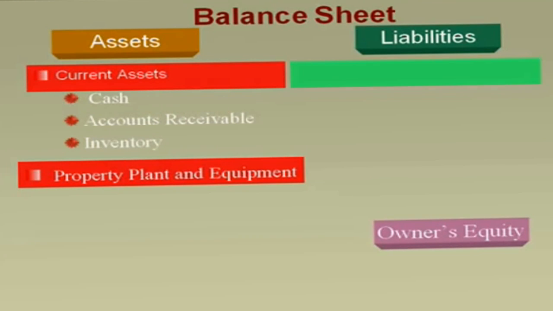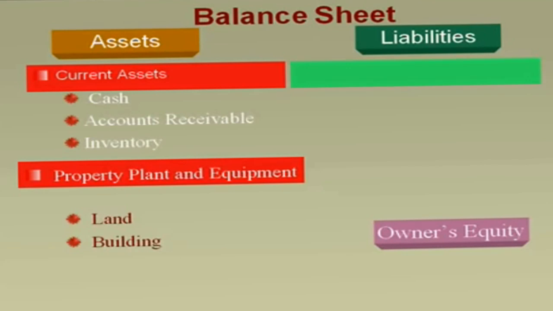Property, plant, and equipment are long-term assets. Can you give me examples? We did this in Module 1. Think about it. Let me show you a few. Land and buildings are examples of assets that last more than 1 year or long term.